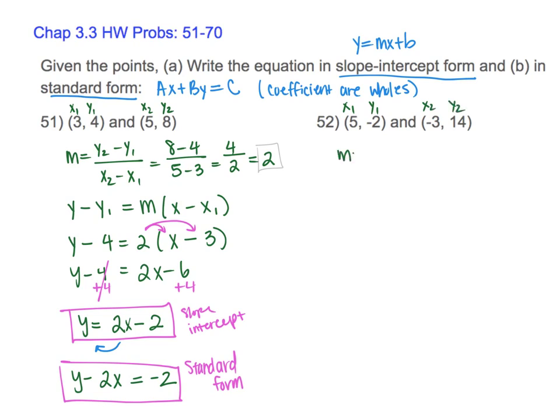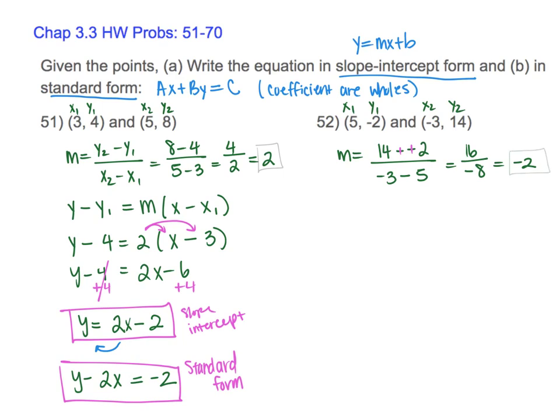So my slope is going to be my y2, 14, minus my y1, which is negative 2, over x2 minus x1. So these two will end up becoming a positive sign. So 14 plus 2 gives me 16 over negative 3 minus 5, which is negative 8. So if I divide, that's a negative 2 for my slope.